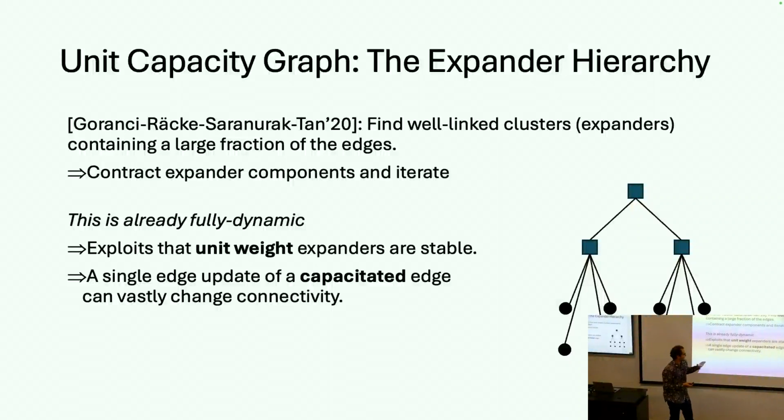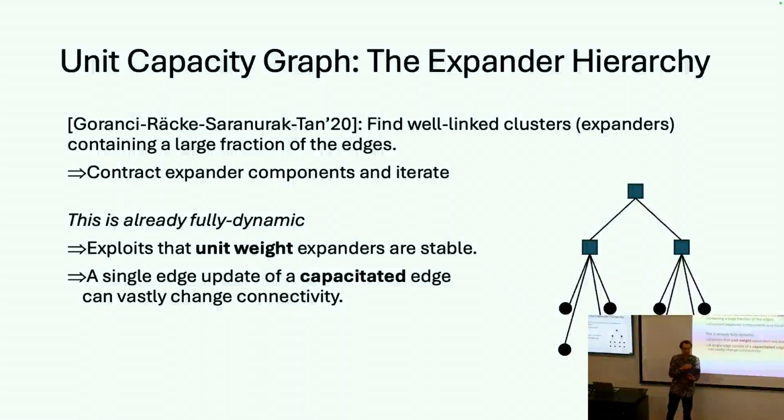The nice thing about this is that it's very easy to dynamize. And the reason that it's easy to dynamize is that an expander is very stable. You can't mess with an expander too much in a unit weight graph by deleting or inserting an edge. So the authors here already made this dynamic for unit weight expanders.